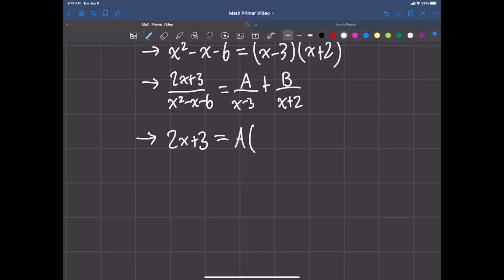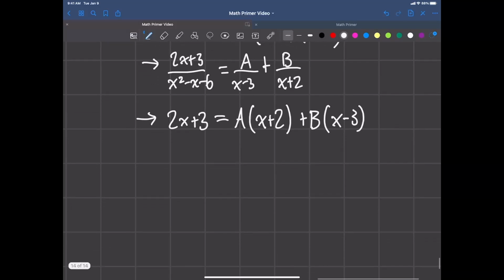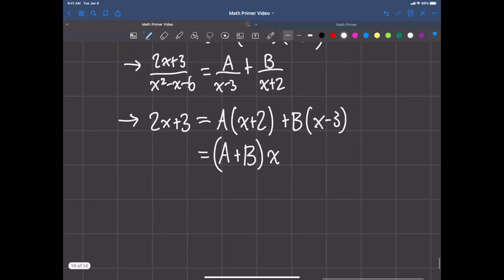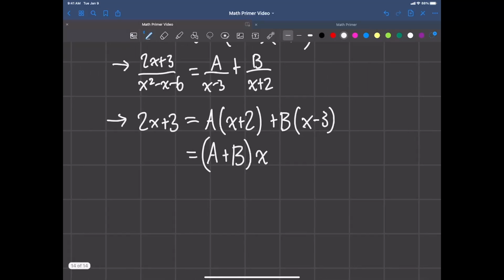So a becomes a times x plus 2, and then we get b times x minus 3. Now we can say that it's a plus b times x plus 2a minus 3b.